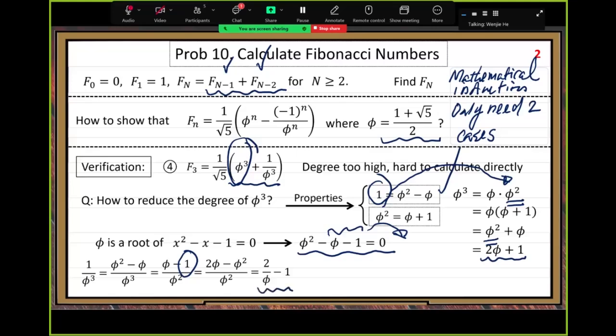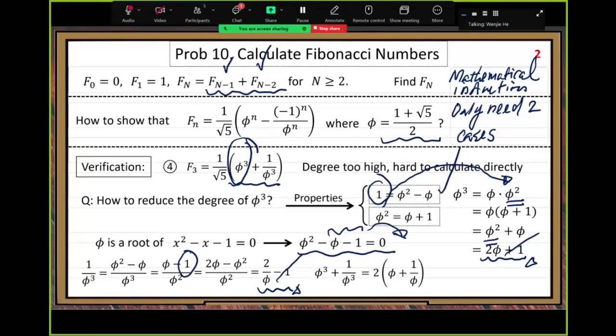All right, now we are ready. We can calculate phi cube plus 1 over phi cube with our new representations. Minus 1 and plus 1 cancel out. Factor out 2: phi plus 1 over phi.